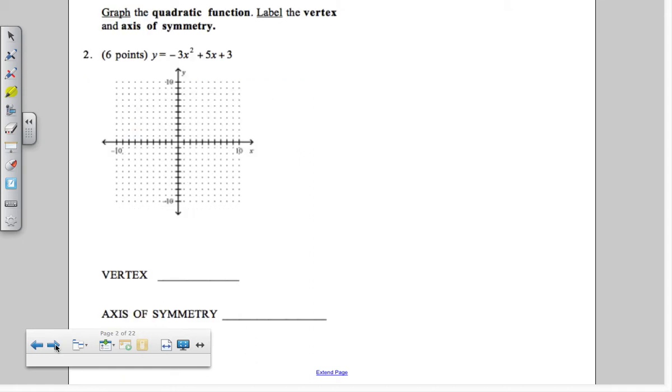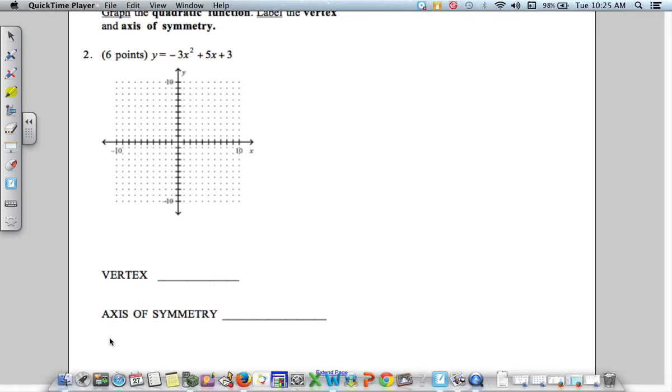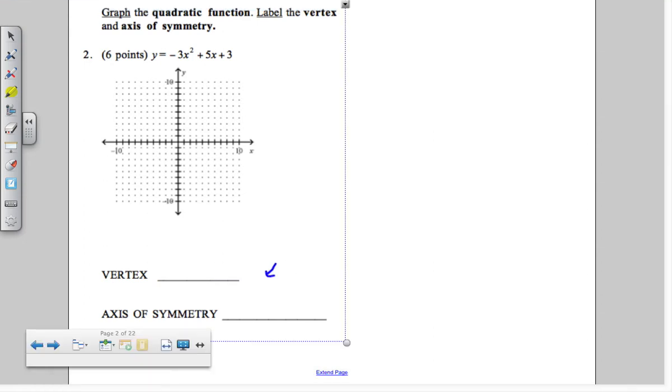Number 2. This one they asked specifically to label the vertex and the axis of symmetry. So I'm going to start with that part. Remember, to find the axis of symmetry, we use this formula. X equals negative b over 2a. So if I look at this, a is negative 3, b is 5, and c is positive 3.